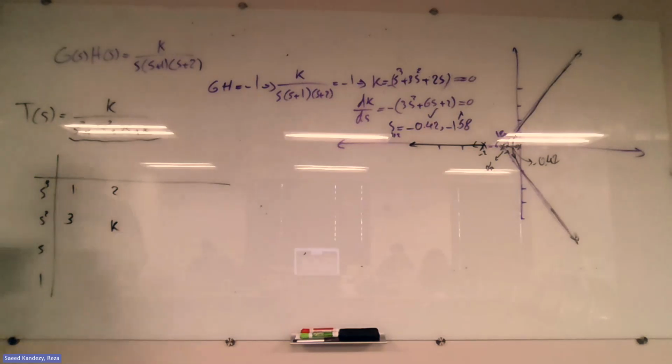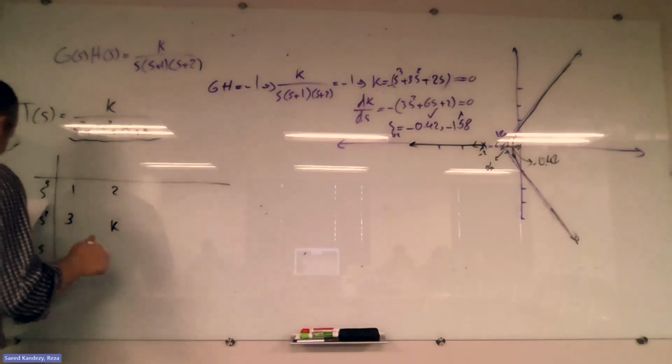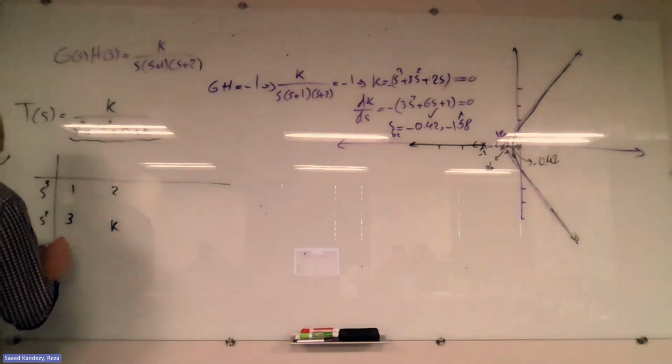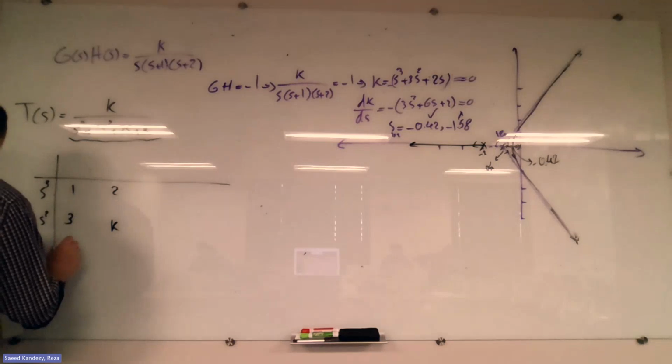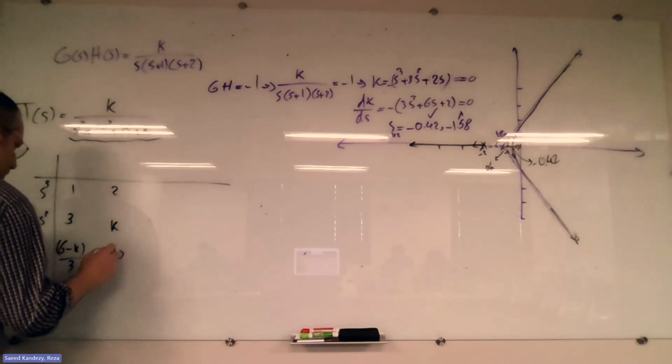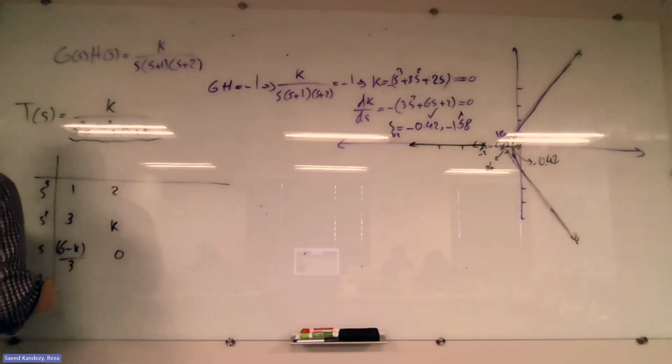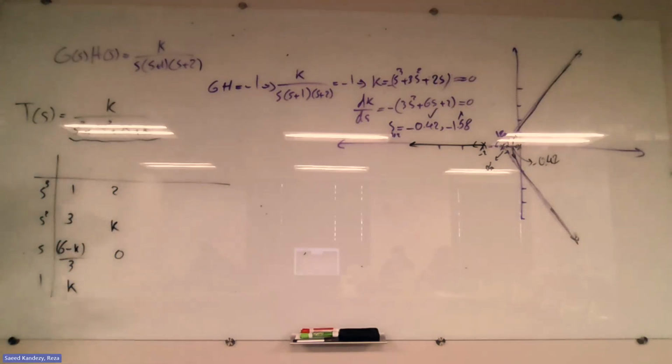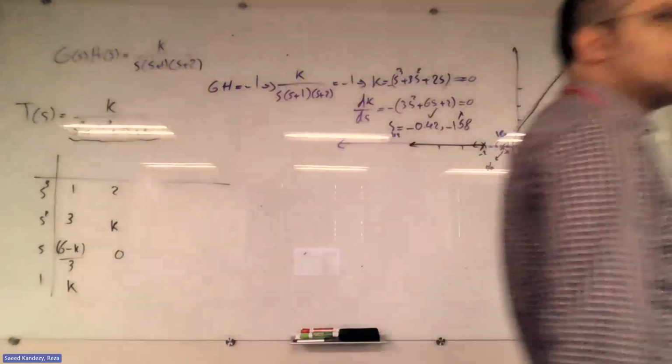We already did the formula. So if you do that, this one becomes (6 minus k) over 3, and this one becomes 0 because we don't have anything here. And the last row would be k. Are we good so far?